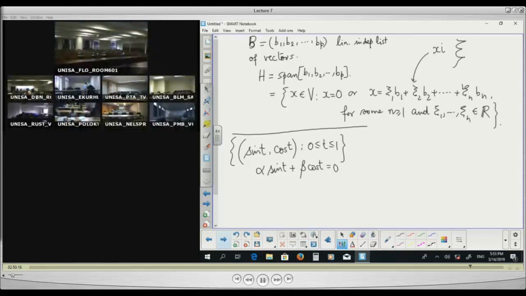Sine of pi by 4 is a real number. Cos of pi by 4 is a real number. And any two real numbers are linearly dependent. You take any real number p and another real number q. If p is not equal to 0, take lambda to be q by p.